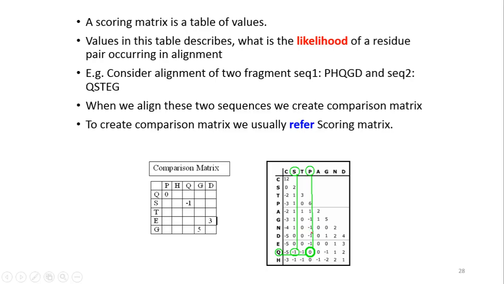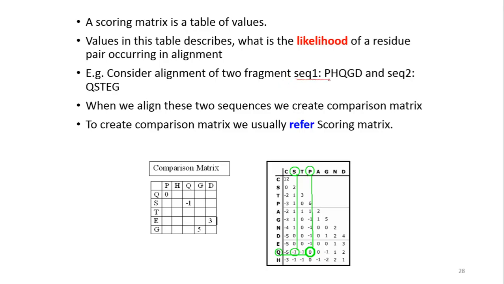They must play some role, right? So what are these values? These values in your scoring matrix describe the likelihood of a residue pair occurring in an alignment. Things would be clearer if I give you an example. Now consider that you are trying to align two protein fragments with sequence 1.